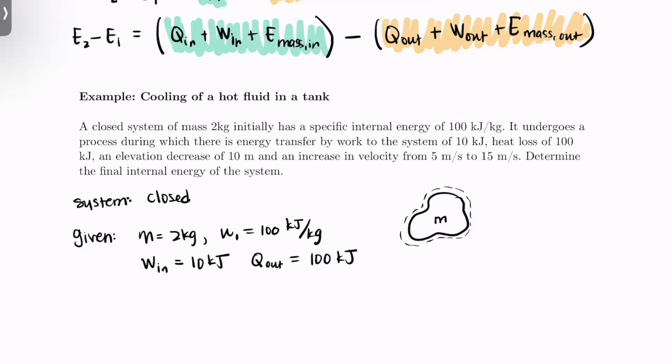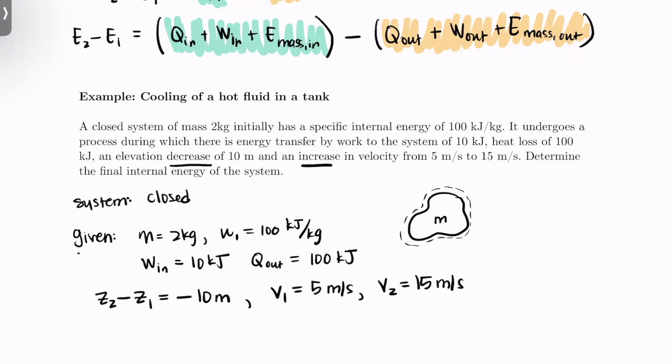And we have an elevation decrease. So Z2 minus Z1 is equal to minus 10 meters, right? And then we have an increase in velocity from 5 meters per second to 15 meters per second. So V1 is 5 meters per second, and then V2 is 15 meters per second. And what we want to find is the final internal energy of the system. So we want to find capital U2, right?